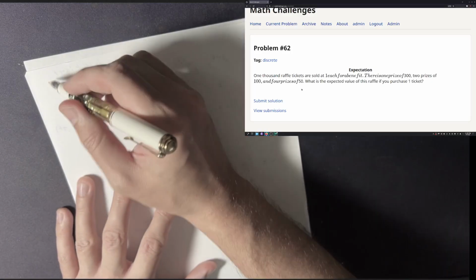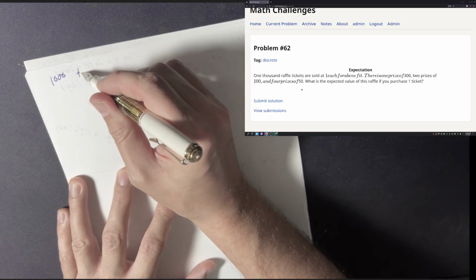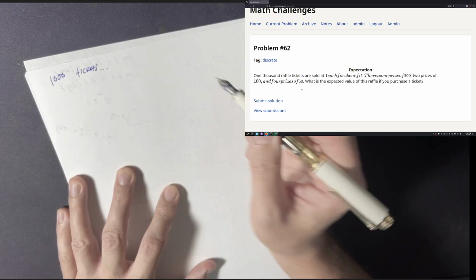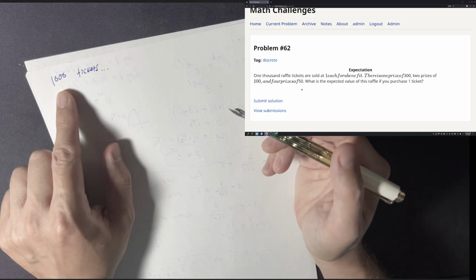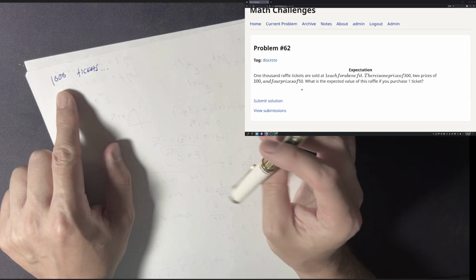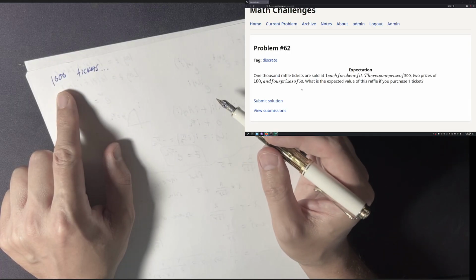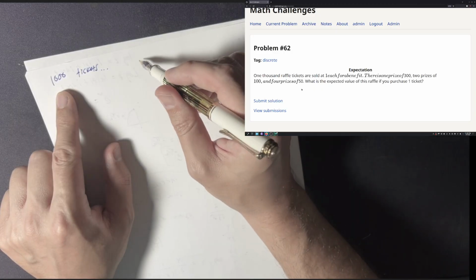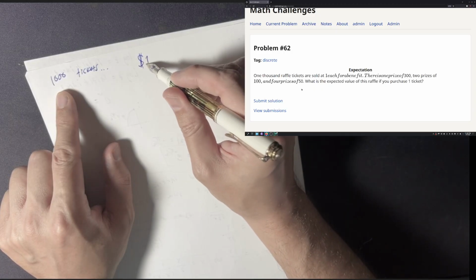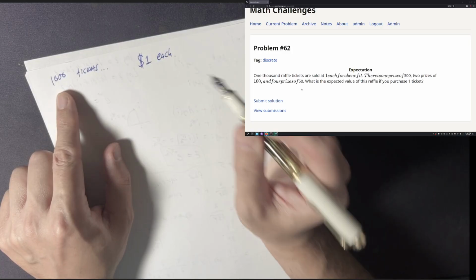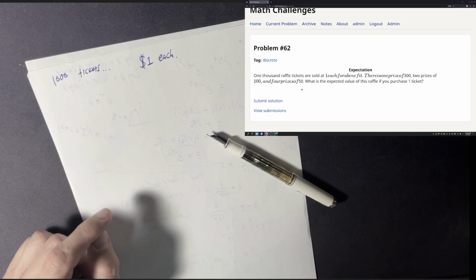So we have 1,000 raffle tickets, sold at 1 each. Okay, I think I see what happened now. In LaTeX, a dollar sign is the indication of a variable.